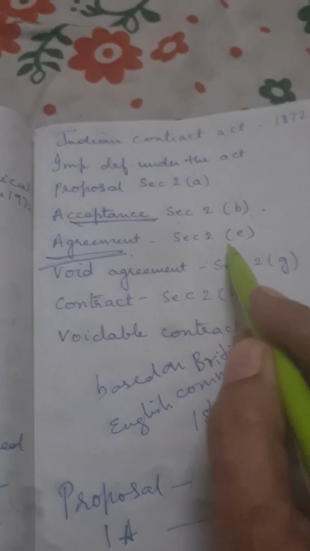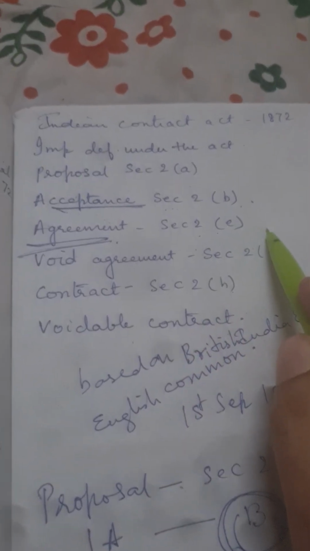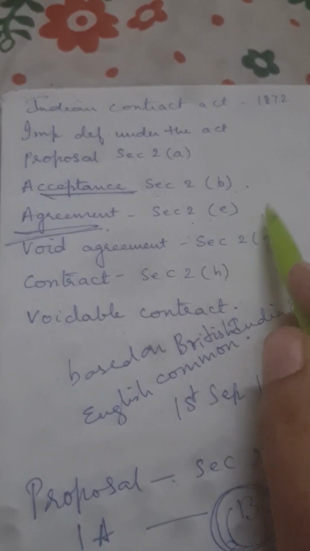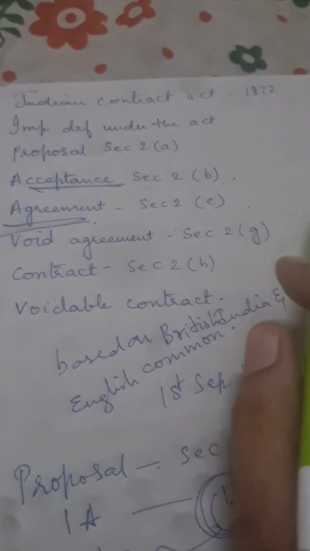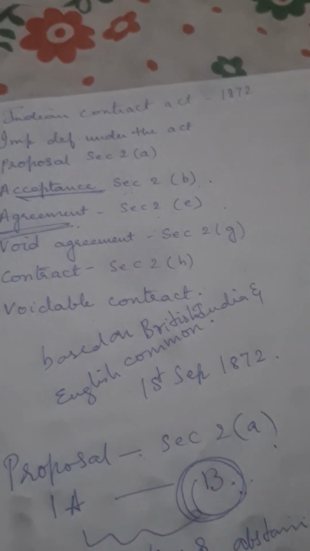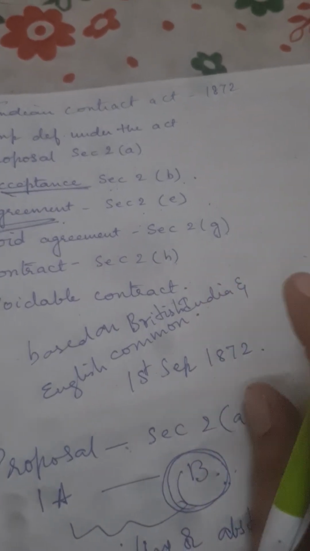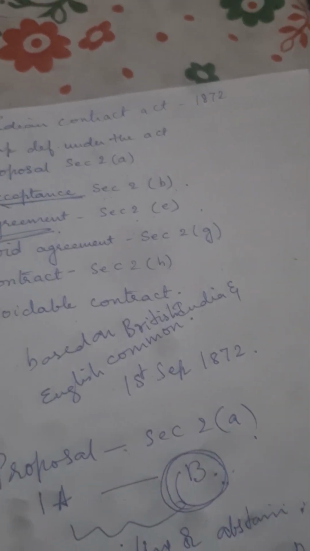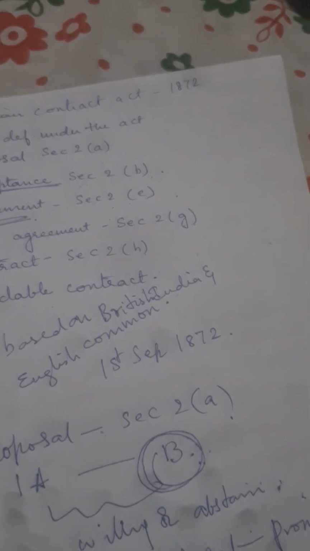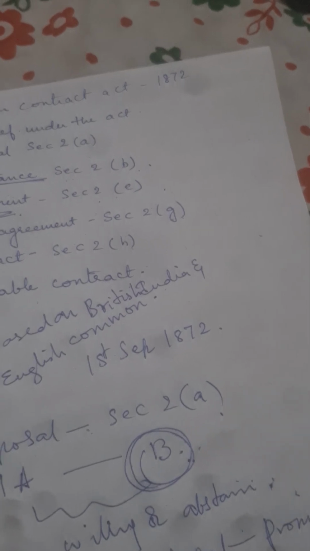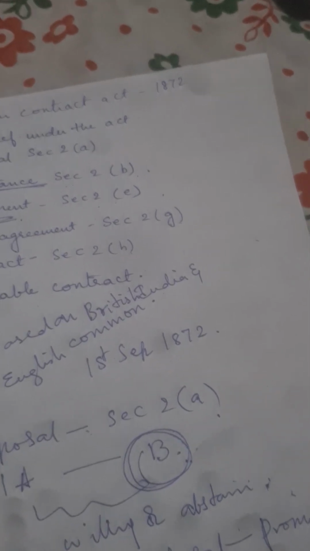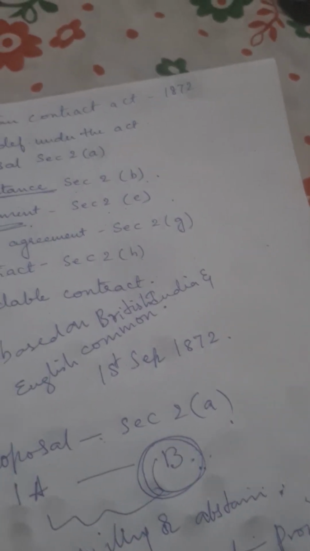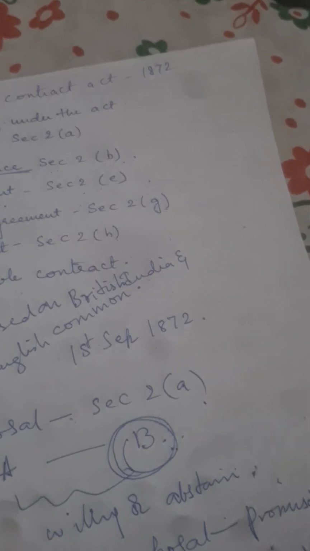Agreement we study under section 2E. Every promise and every set of promises forming the consideration for each other is an agreement. So whatever the promise, or the number of promises forming the consideration for each other, is an agreement.